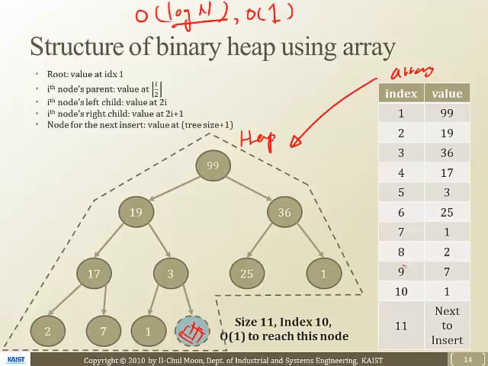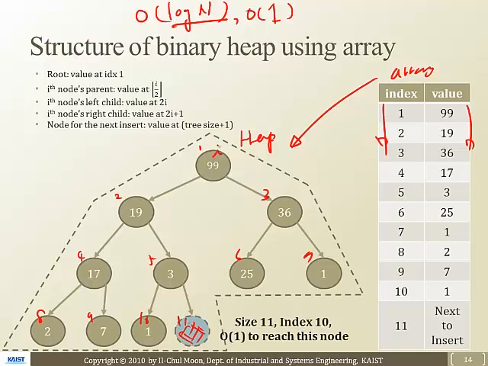So you see this index, and you see this value here. By the index, if we annotate this, we have 1, 2, 3, 4, 5, 6, 7, 8, 9, 10, 11. While we are annotating this, we can identify this kind of rule.